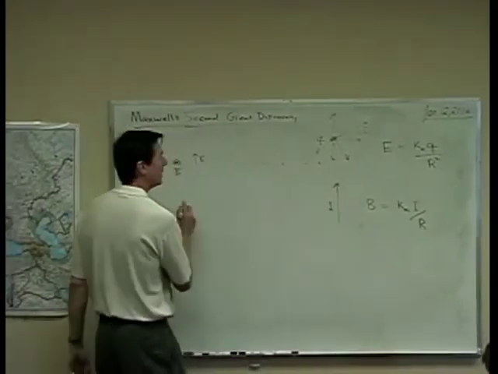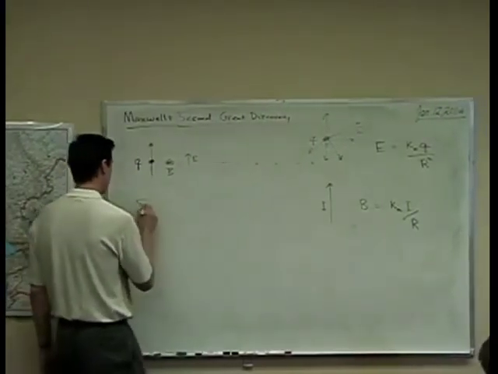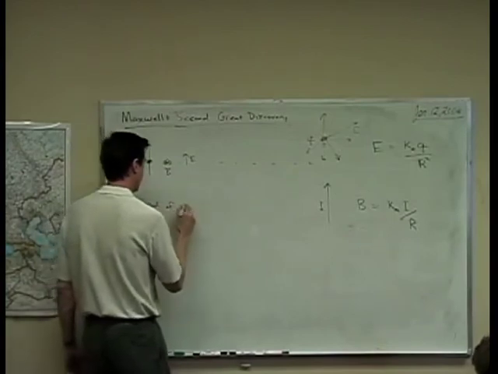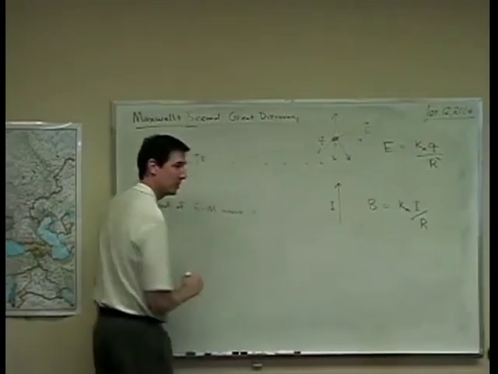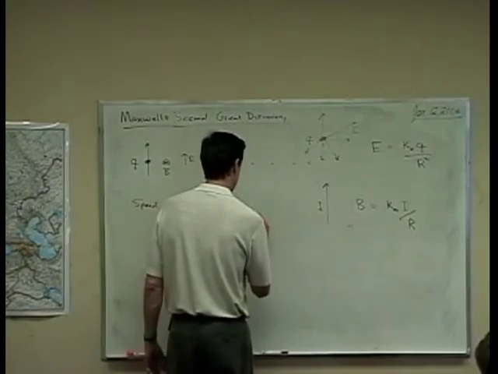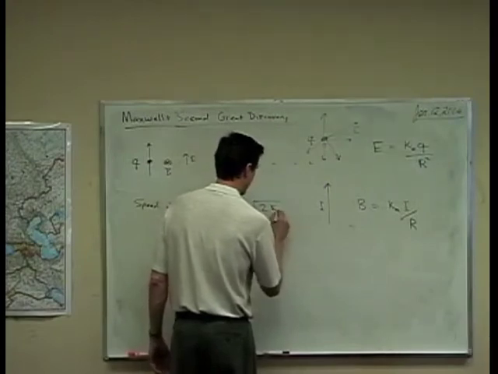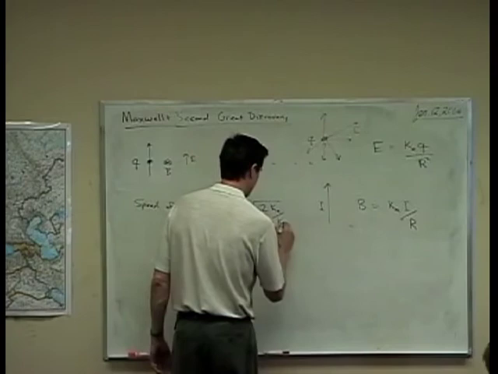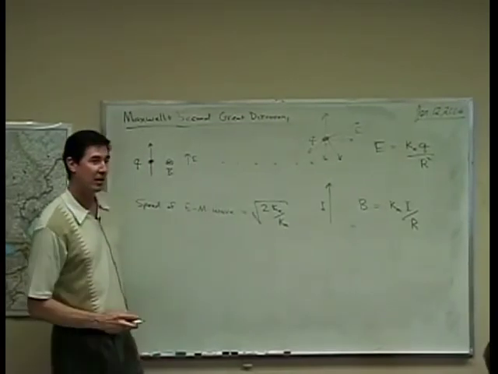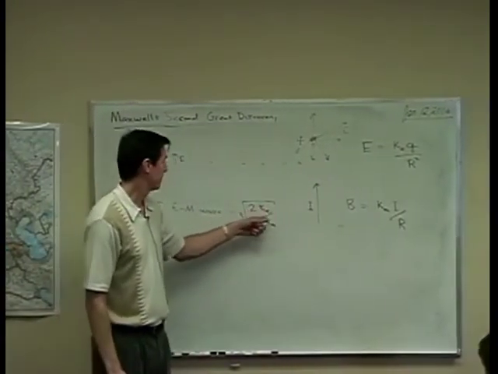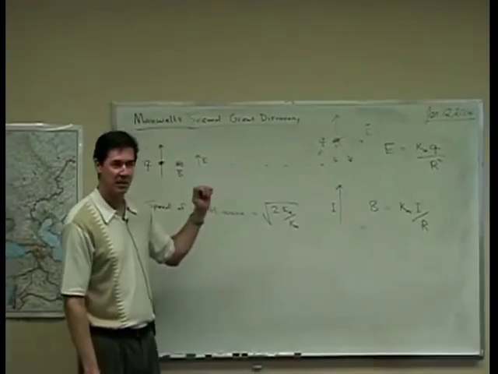The speed of the EM wave that Maxwell derives turns out to be equal to the square root of 2 times the electrical constant divided by the magnetic constant.